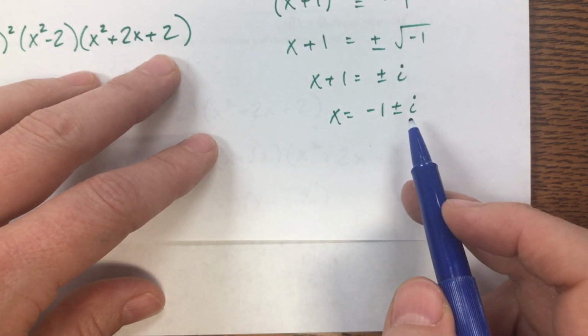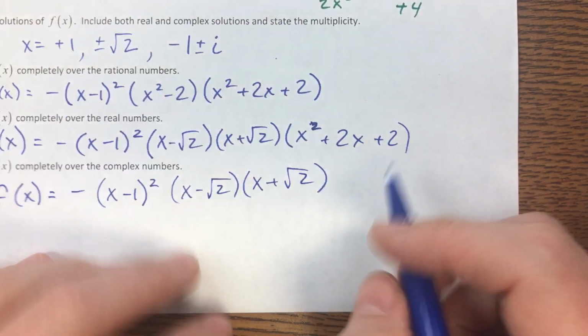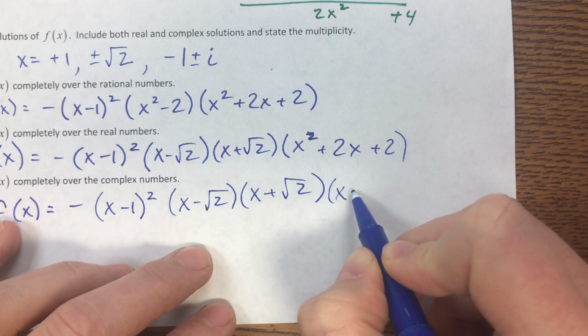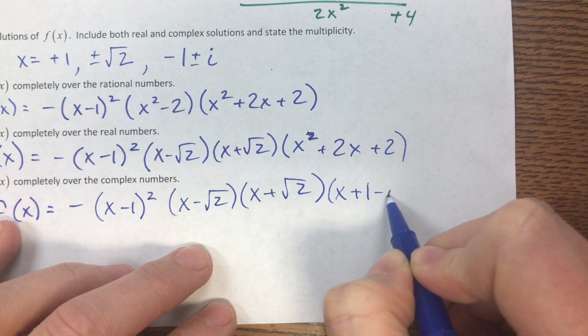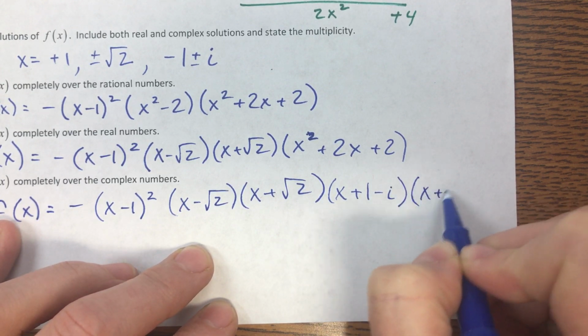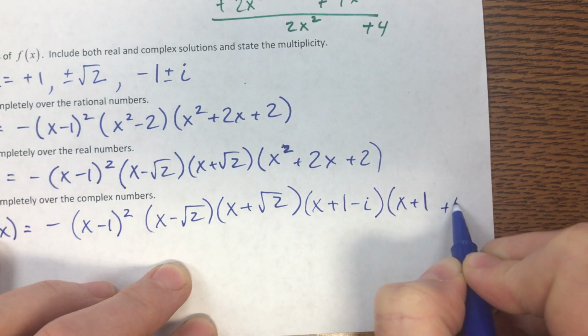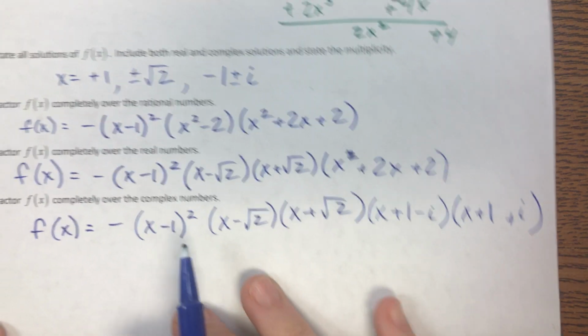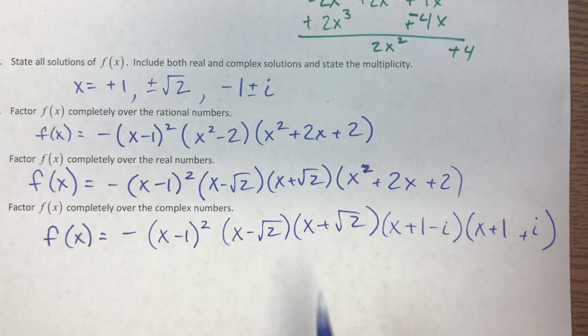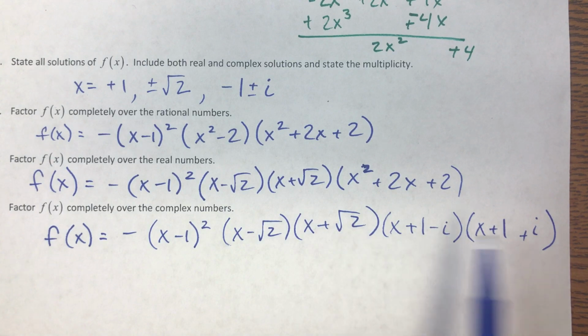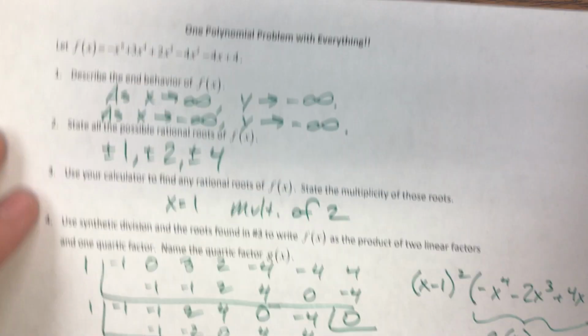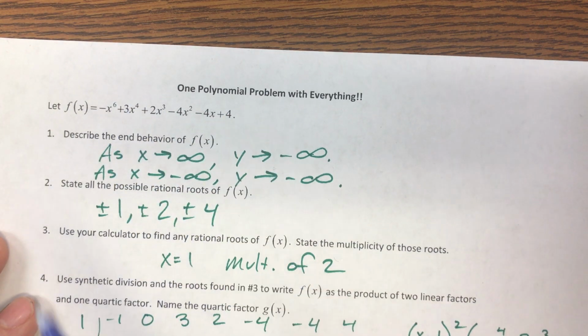It was a negative 1 plus or minus i. So that becomes an x minus a negative is plus 1. And one of them is minus i. X plus 1 plus i. Sorry that. And this has 1, 2, 3, 4, 5, 6 different linear factors that if I multiplied them all out would get me back here to this one right here.